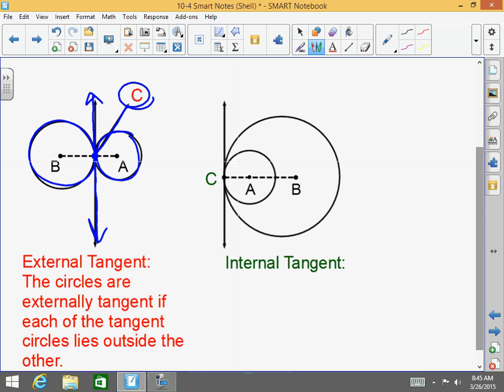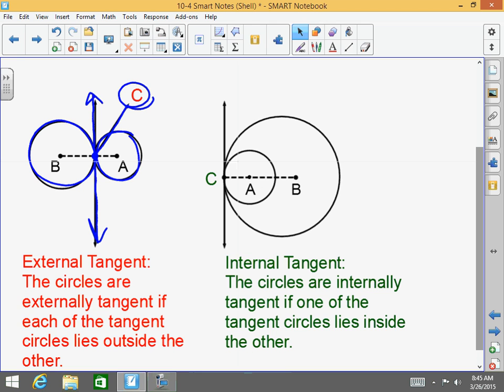An internal tangent, look at the figure here. The circles are internally tangent if one of the tangent circles lies inside the other. Please notice that the actual tangent line is still outside of both circles.